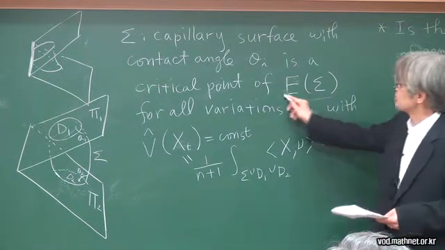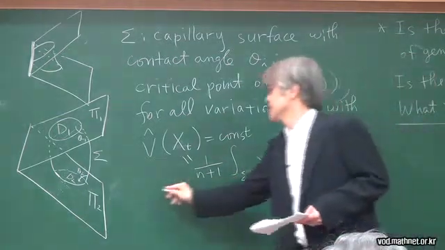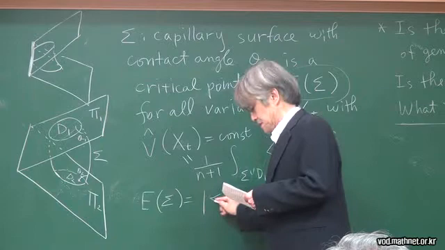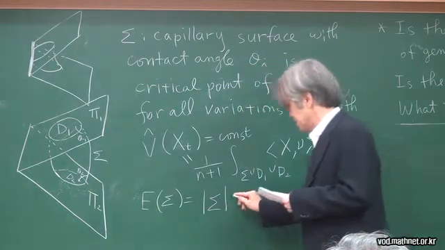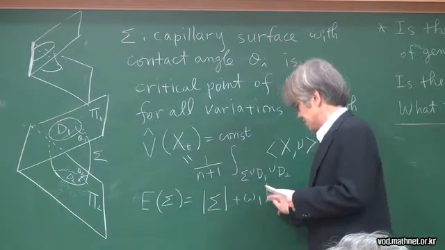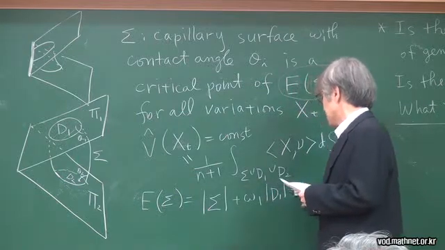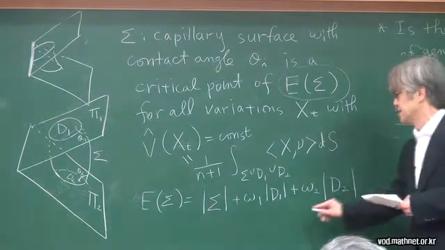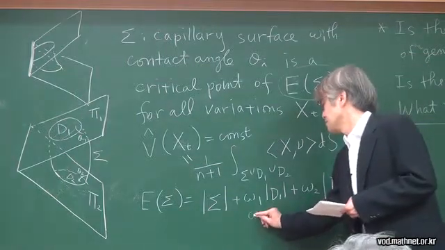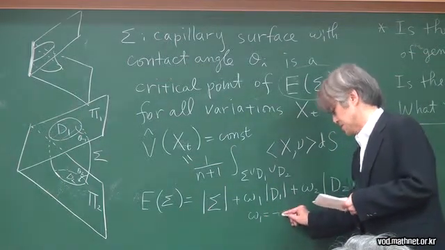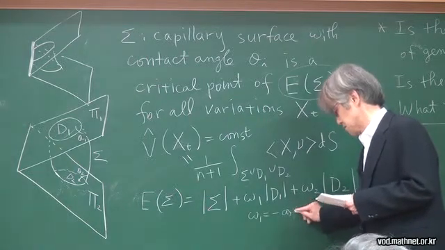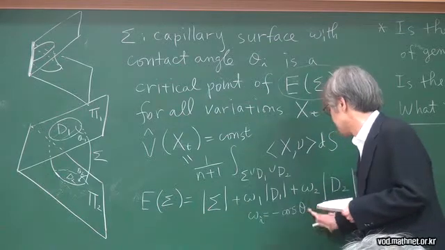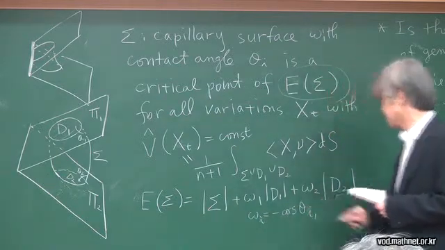What about this energy? This energy is the area of sigma plus some constant omega 1 times the area of D1 plus constant omega 2 times the area of D2. In fact, constant omega 1 is exactly minus cosine theta 1, and omega 2 is minus cosine theta 2.